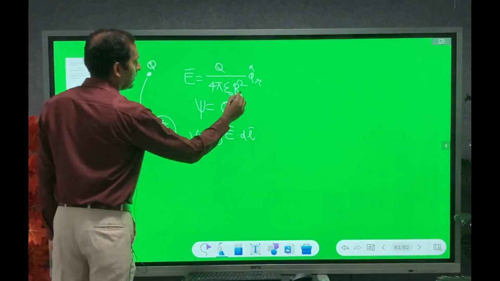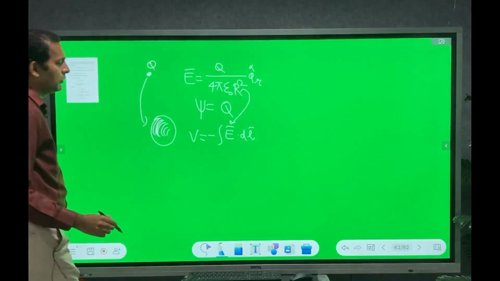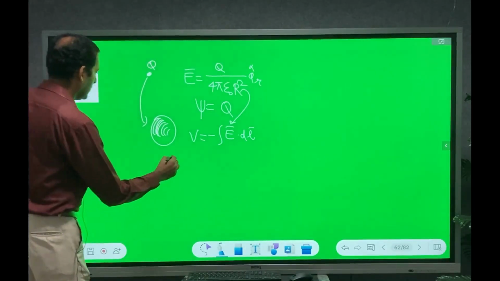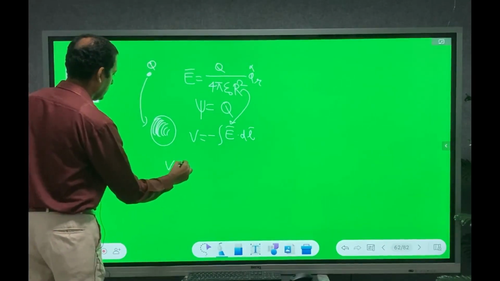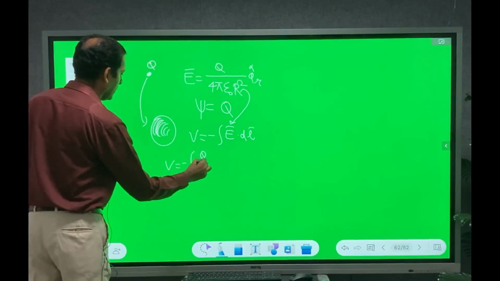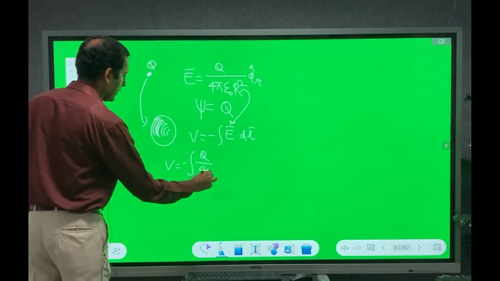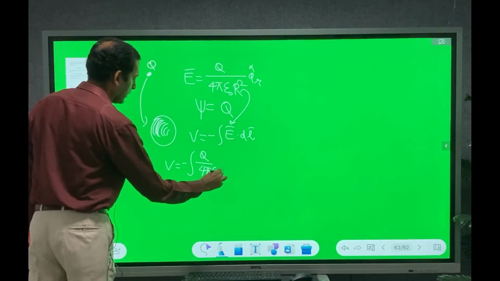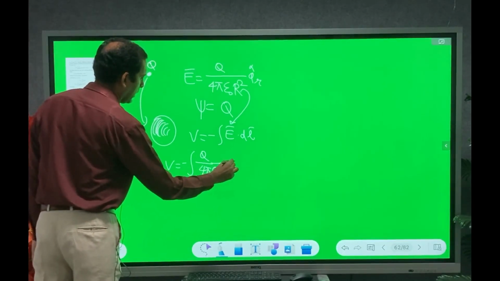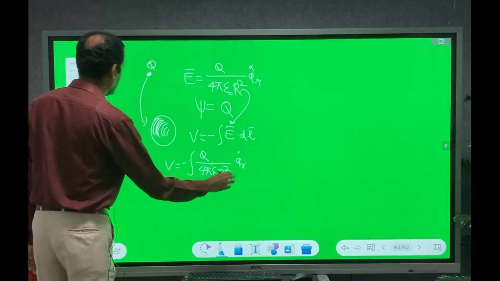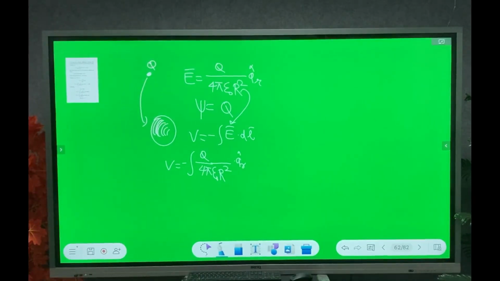Now here we can keep the value of q. So we can write V is equal to minus of q by 4 pi epsilon naught r square into ar cap.